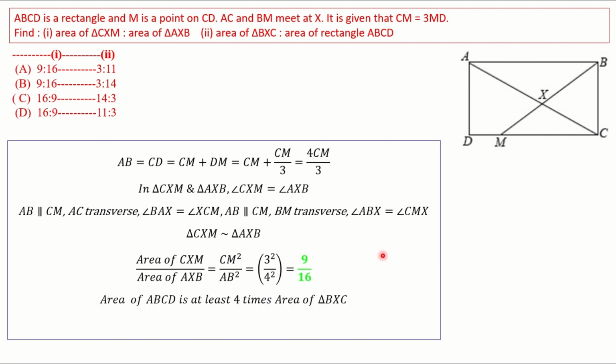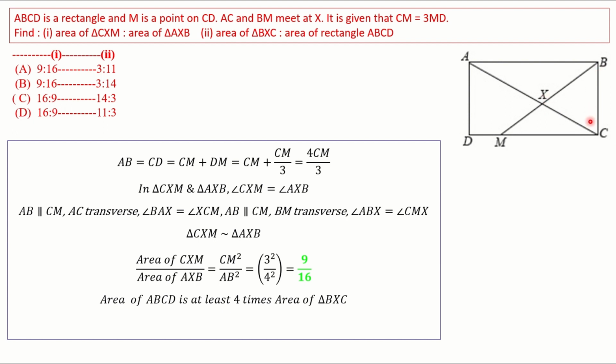Area of ABCD is at least 4 times area of BXC. Why am I telling this? Second part you don't need to mathematically prove. Let's say ABCD is a rectangle and AC and BD are two diagonals. Let's assume they meet at X. At that time, any triangle you take, which is CXB, this is 1/4 of the rectangle, correct?